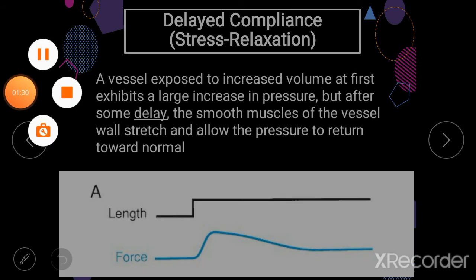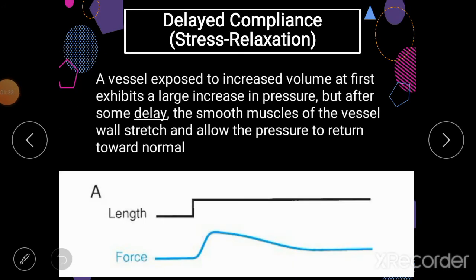Now, what causes the pressure to fall back towards normal? It is the readjustment of cross bridges within the smooth muscles and the stretching of the non-contractile part of the smooth muscle, which allows the vessel wall to accommodate this new amount of blood within its lumen without increasing pressure.